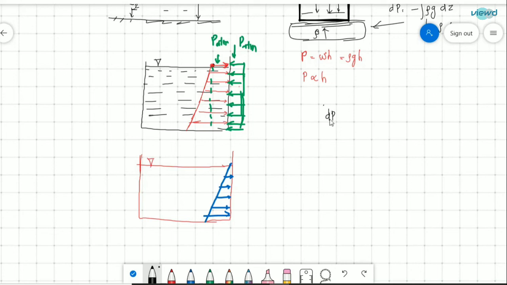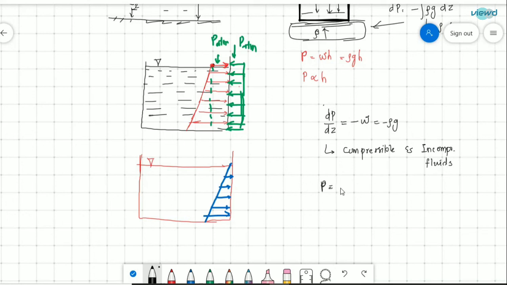So finally remember this: dP by dz is equal to minus w, which is equal to minus rho g. This is valid for compressible and also incompressible fluids.